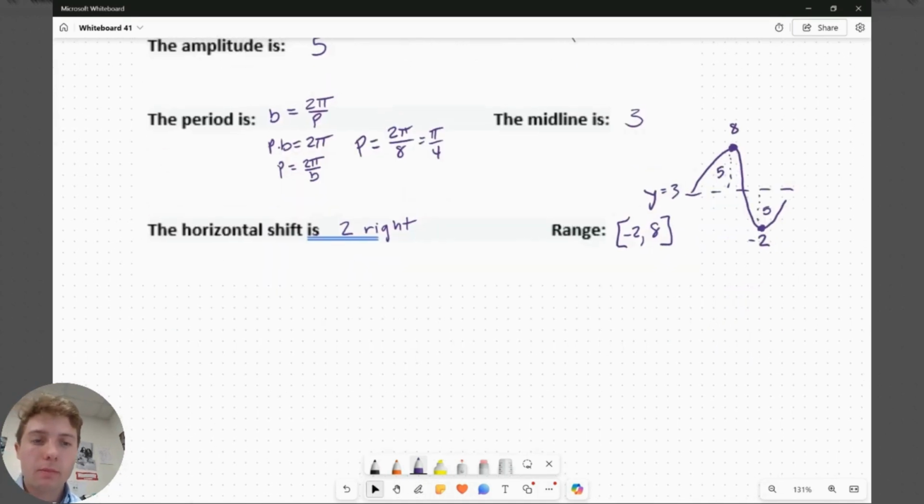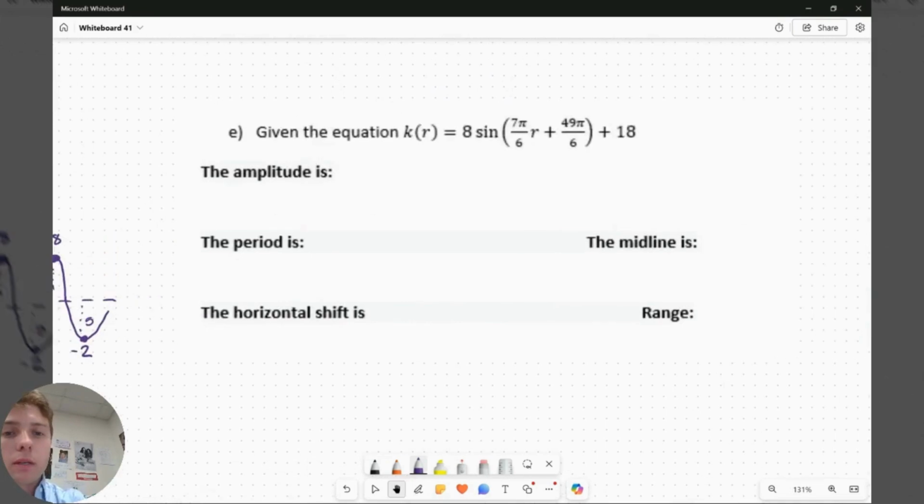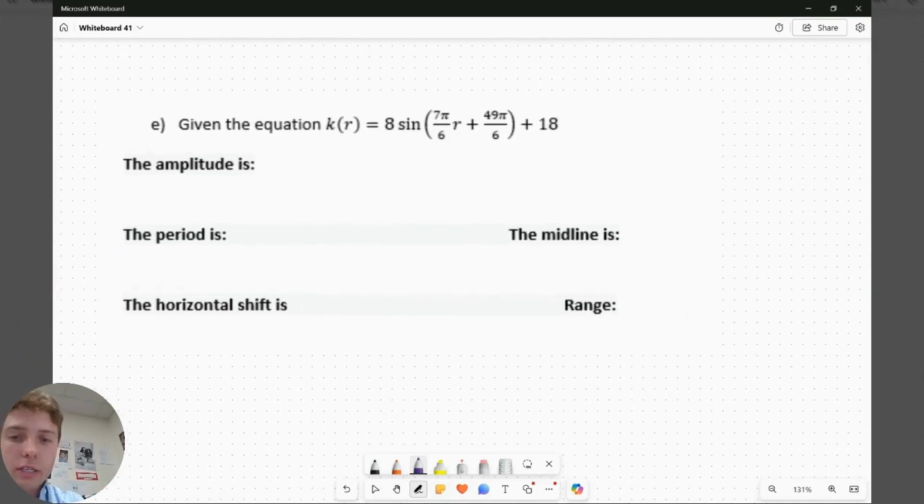There's another example. Last problem now. This one is a little bit weirder. You can start to identify the information pretty quickly. We know the period is 2 pi over b, but you're going to run into issues. Remember, whenever we look at these functions, we always want them in our factored form. That means the 7pi/6, the coefficient on r, needs to get factored out. It needs to get divided out of each of the terms on the inside.